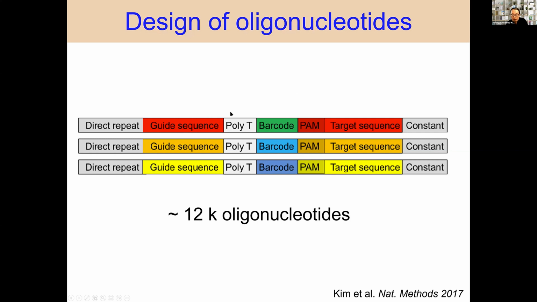So anyway, these oligonucleotides contain guide sequence and target sequence, and they are paired, guide sequence and target sequence pairs. So we initially ordered 12,000 oligonucleotides.